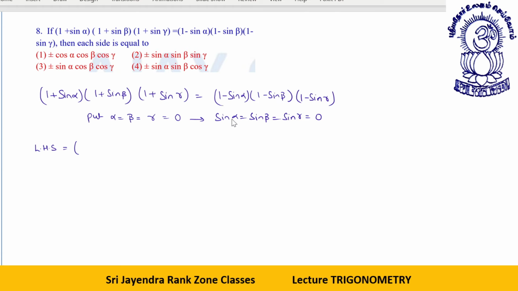Sine 0 is 0, okay? So 1 plus 0, 1 plus 0, 1 plus 0. This is the LHS. What is the RHS? The RHS will be 1 minus 0, 1 minus 0, 1 minus 0. Getting it? So LHS is equal to RHS, both are 1. Now start with the options.